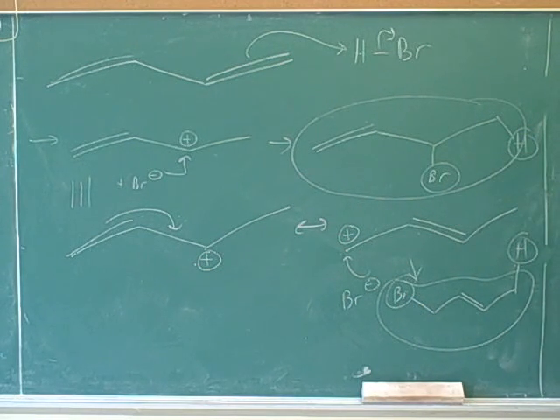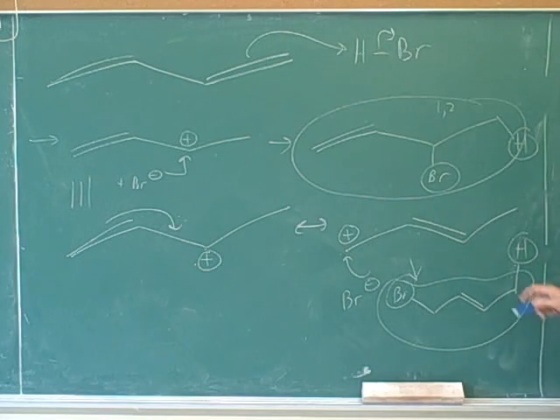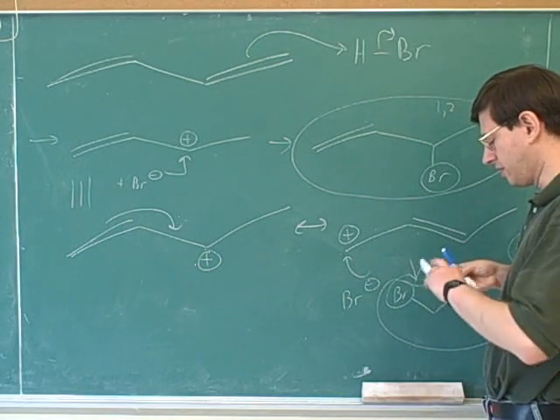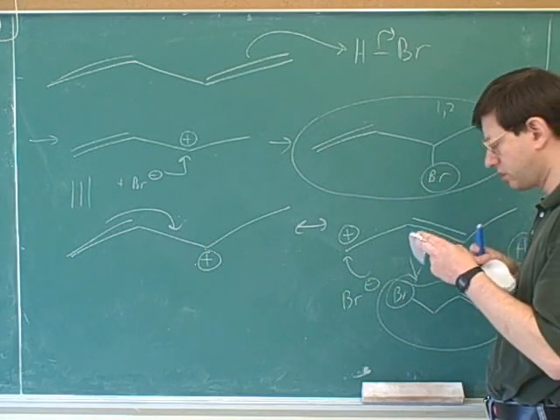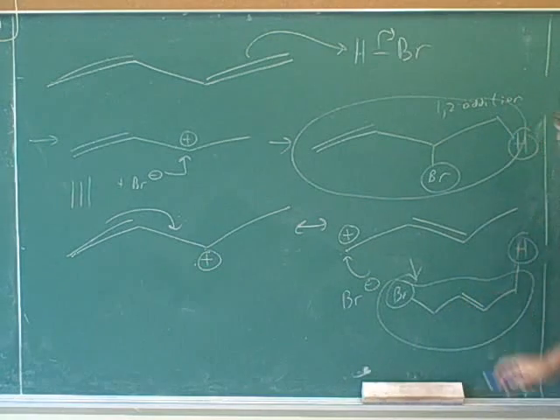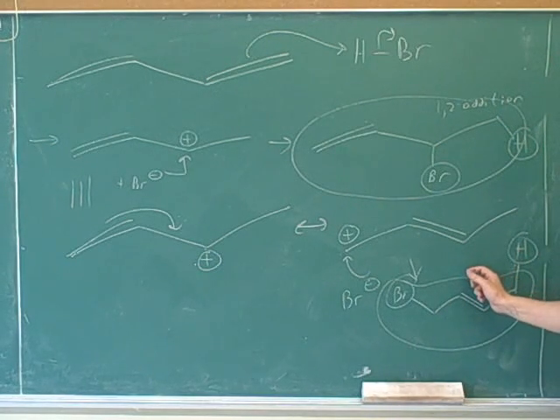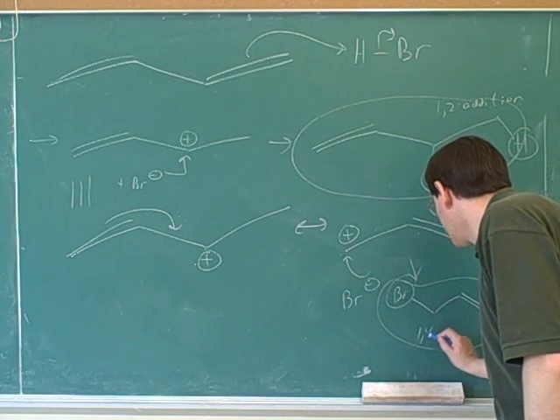So what would be good names for these two attacks? Well, this is called the 1,2 product, or 1,2 addition. This is the 1,2 product because it was the product of 1,2 addition. And this is called a 1,4 product because it's the product of 1,4 addition.